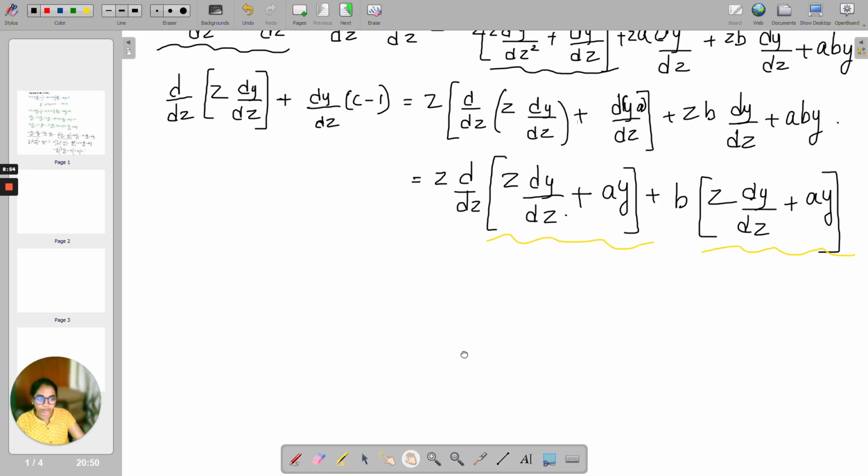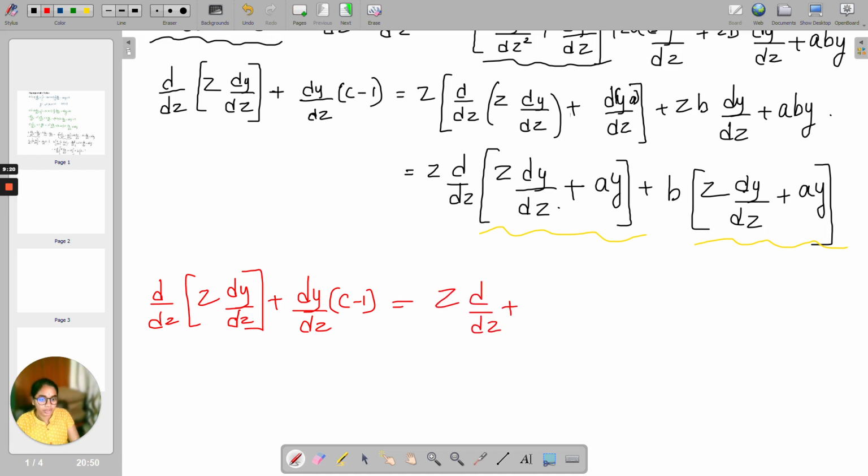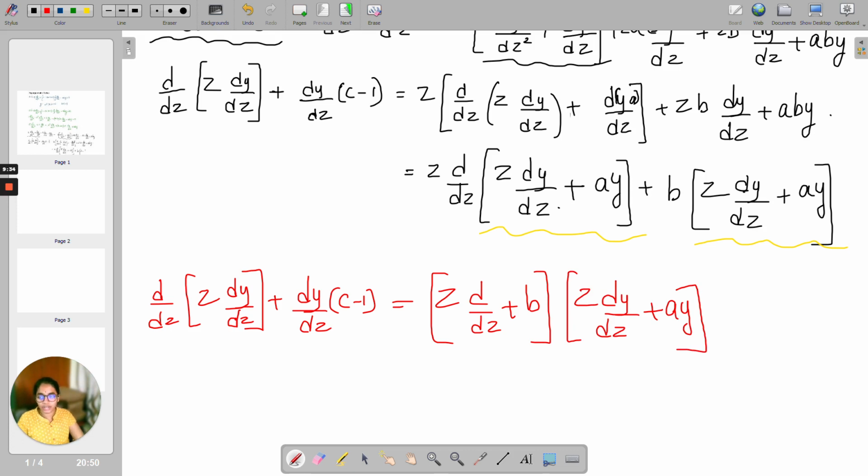Yes, now I can write this as, so finally let me write d by dz of z dy by dz plus dy by dz into c minus 1 is equal to z d by dz plus b into z dy by dz plus a into y. Yes, now we should prove that LHS is equal to RHS.